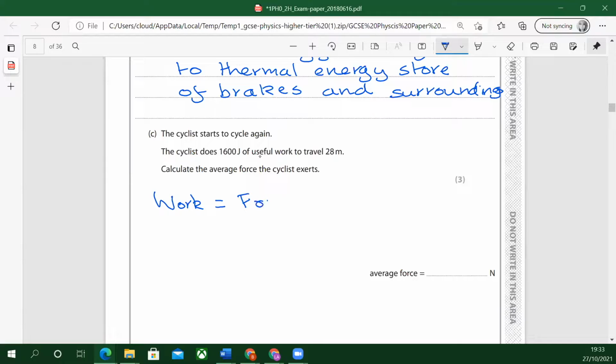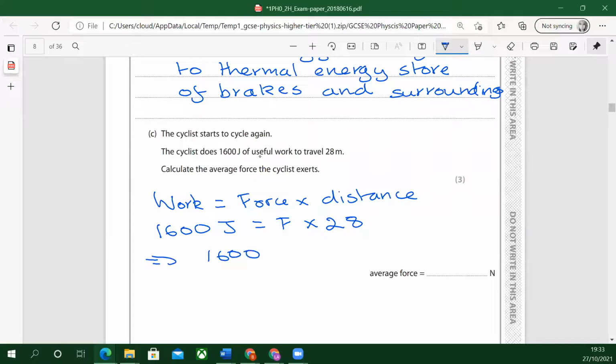So work is force times distance. But work is actually in joules, a unit of energy. So there's 1,600 joules. We're going to put F for force times 28. So rearranging, 1,600 divided by 28. So what are we going to get there? We're going to get 57 newtons. Okay.